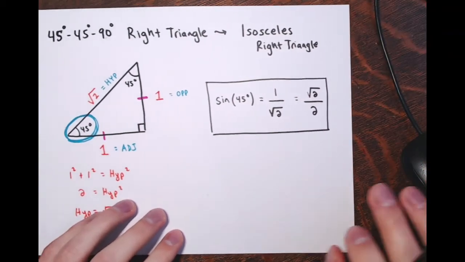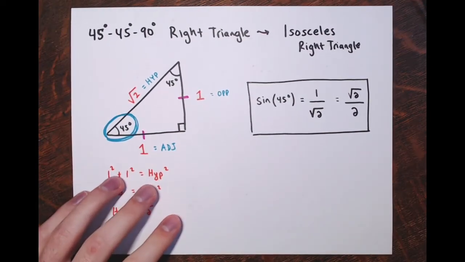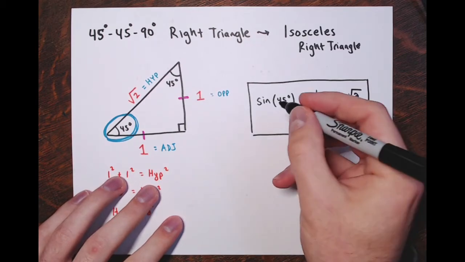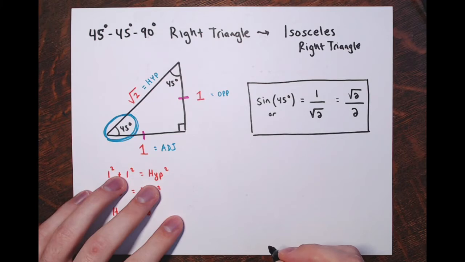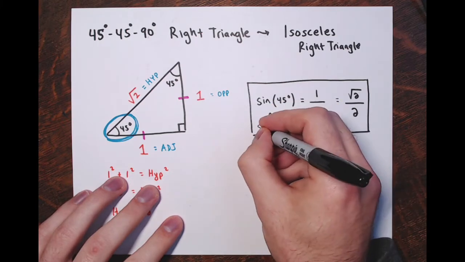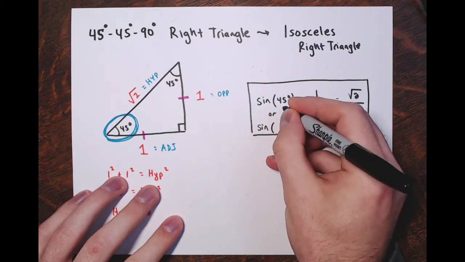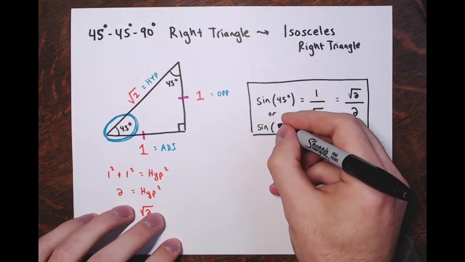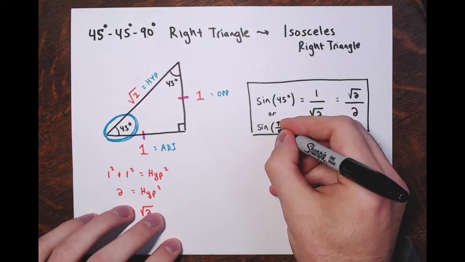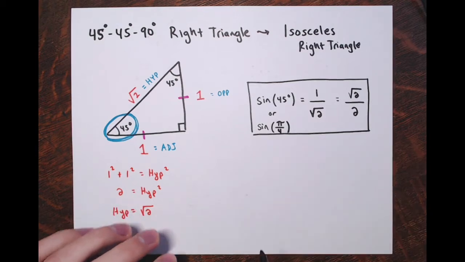And the same thing would go, now that's in degrees. Remember there's also radian measure. So you say the sine of 45 degrees, or the sine of, and remember how to convert from degrees to radians, you would multiply by pi over 180 degrees. This would simplify to pi divided by 4 radians.